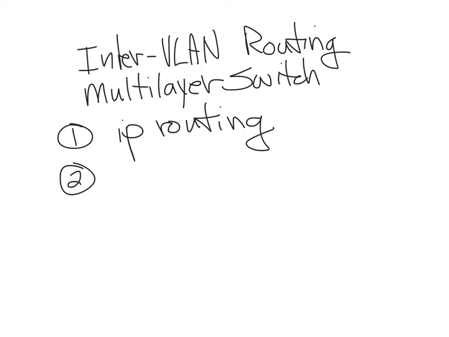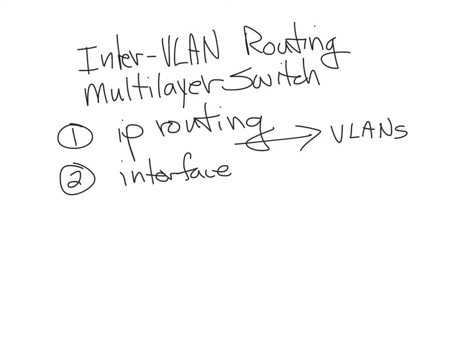And then you can simply go to the interface for the VLANs. Okay, after you set up the VLANs, I should have written that in there. Your VLANs on the switch, and then you go interface VLAN and some number, and then go ahead and give it IP addressing.